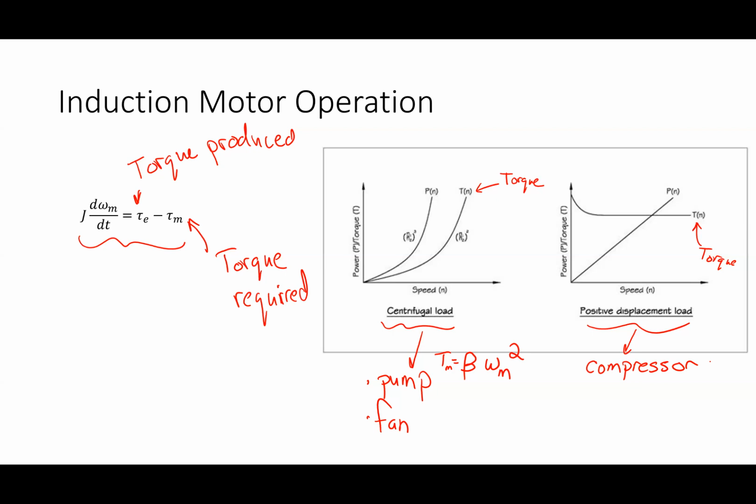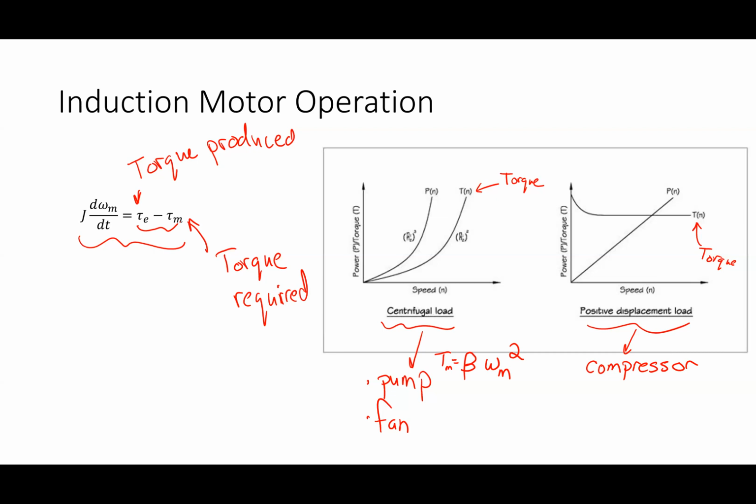When I look at the way the motor behaves in steady state, it's where these two things become equal to each other and the speed gets itself to be constant. If the torque increases on the load side, then the motor slows down and finds a new happy operating point. We're going to look at that case a little bit as we go through today.